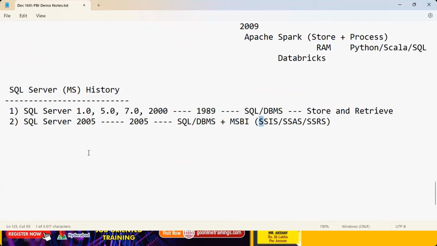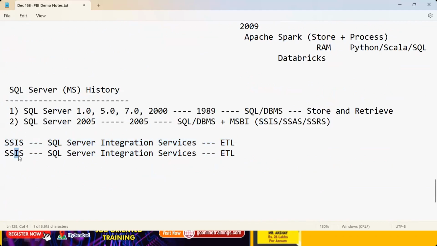Now, what is SSIS? SSIS means SQL Server Integration Services. This is the ETL tool. Tomorrow I'll talk about this tool. The next tool is SSAS, Analysis Services, where we are going to create a cube.